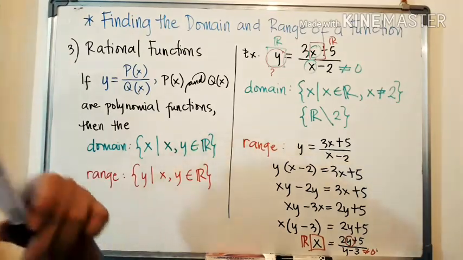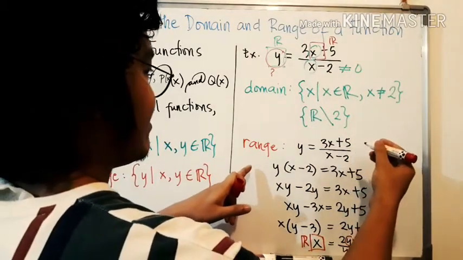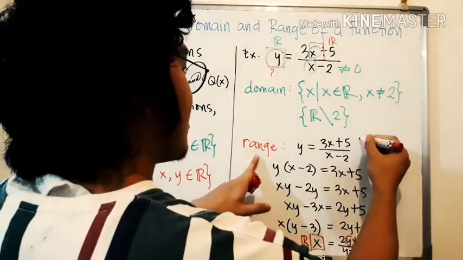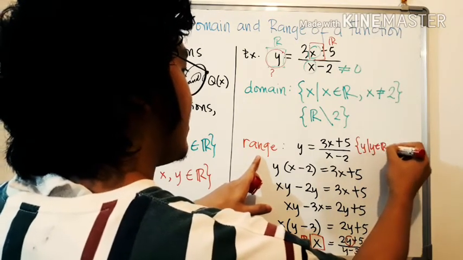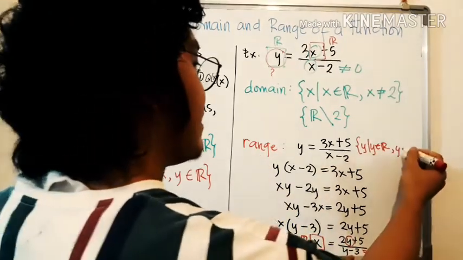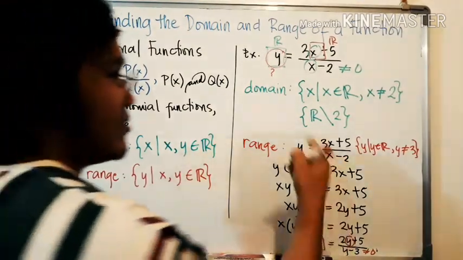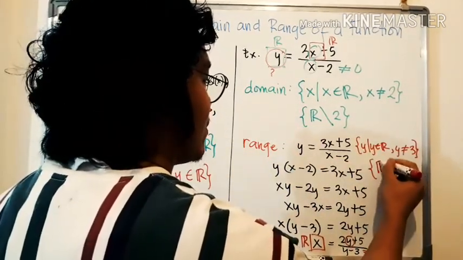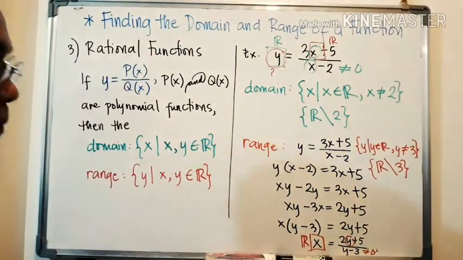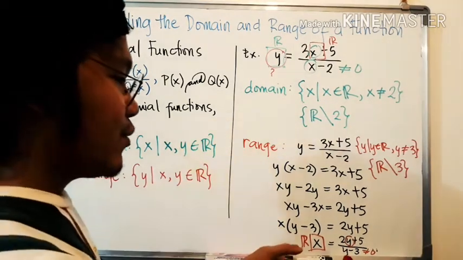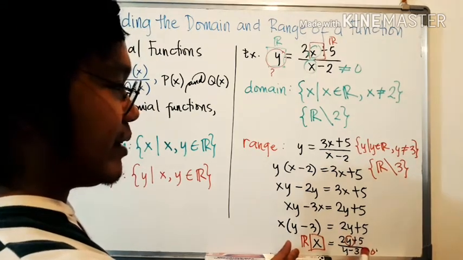So, the range is the set of all y's such that y is a real number and y should not be equal to positive 3. Or you can write our range is the set of all real numbers except positive 3.